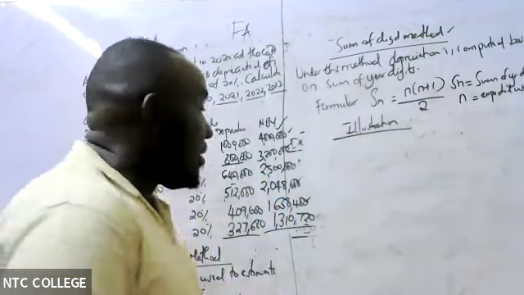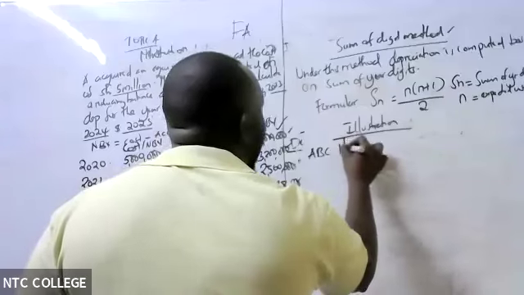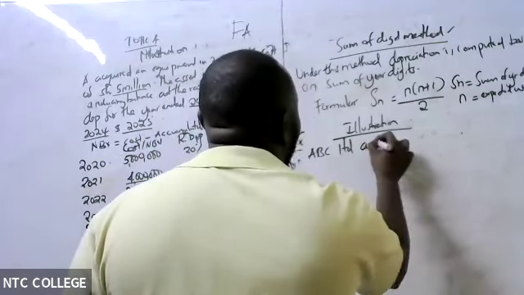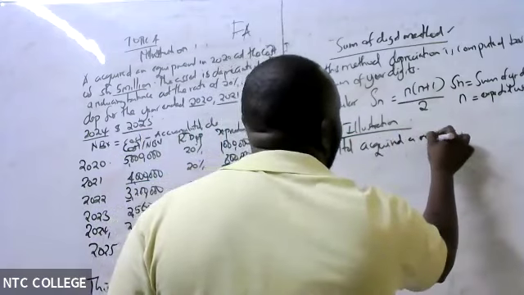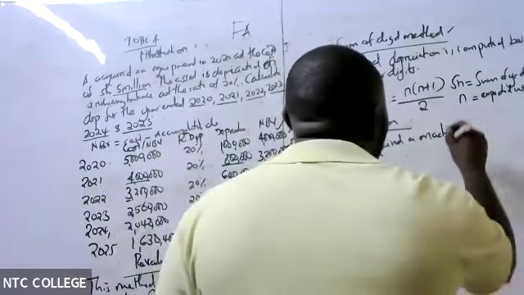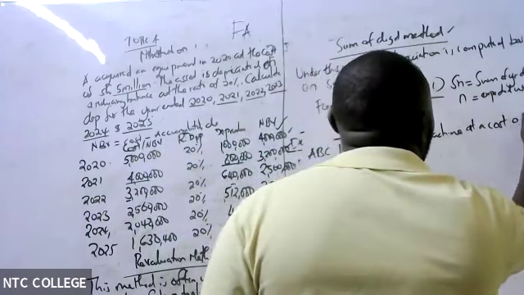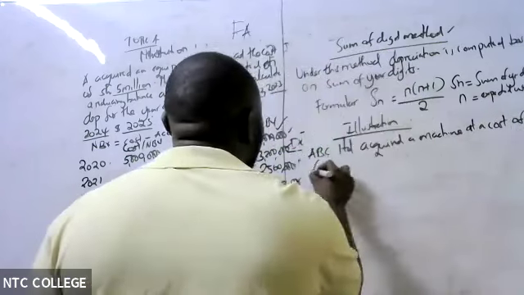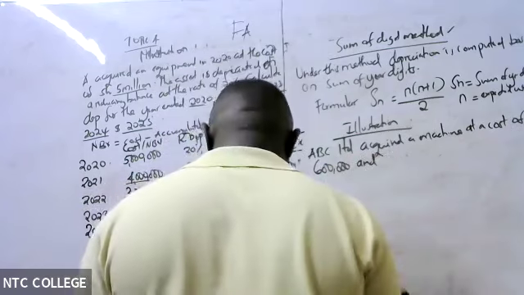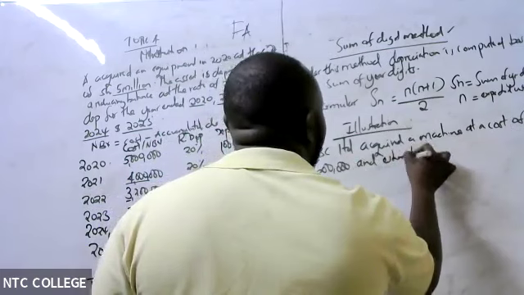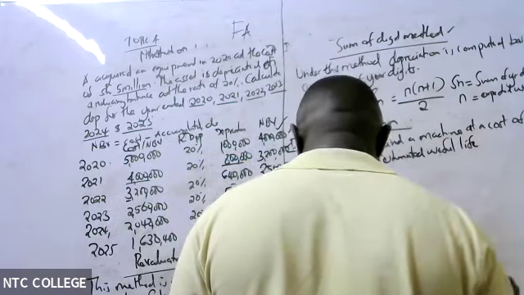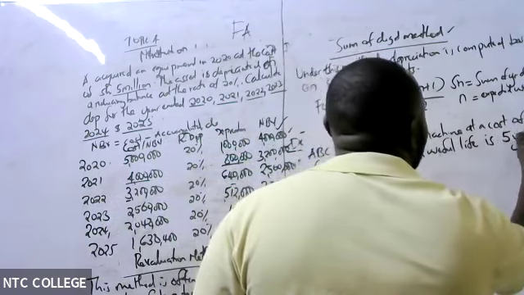So, illustration. ABC Limited acquired a machine at a cost of 600,000, and the estimated useful life is 5 years.